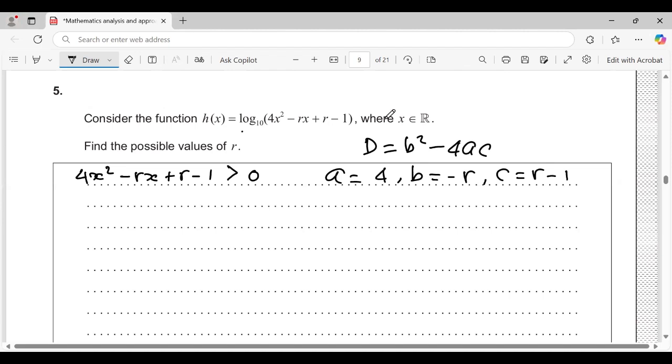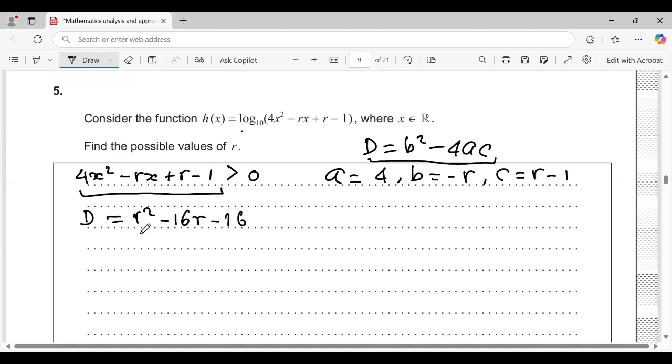I think this formula is familiar for you. So the discriminant of this expression is r squared minus 16r minus 16, because if you substitute this information into this formula, you can find the discriminant like this.